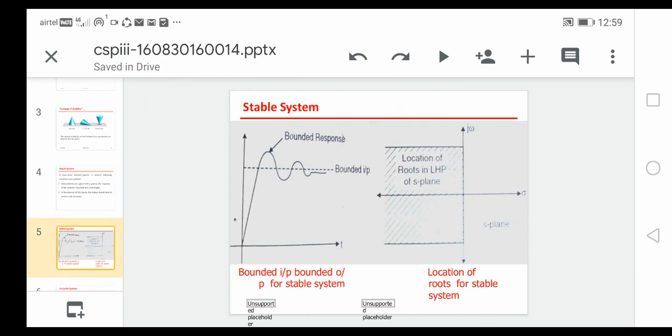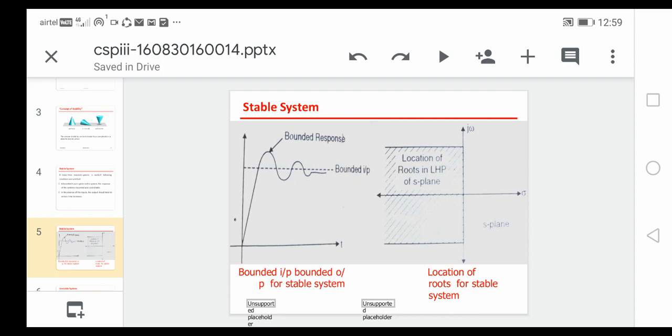In this case, I am taking a second order transfer function and drawing the second order graph, which is a bounded response. What is meant by a bounded response is that for a bounded input, the output must be bounded.